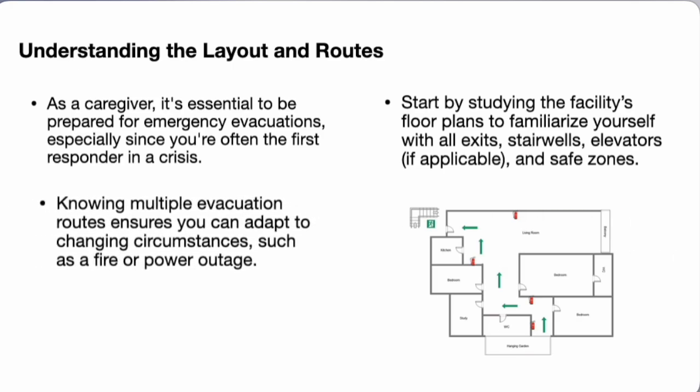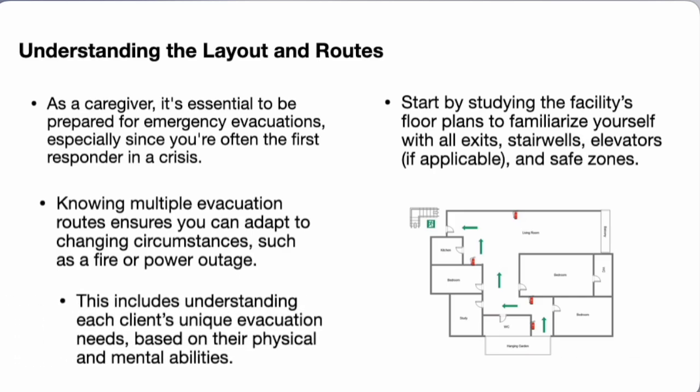Knowing multiple evacuation routes ensures you can adapt to changing circumstances, such as a fire or power outage. This includes understanding each client's unique evacuation needs, based on their physical and mental abilities.